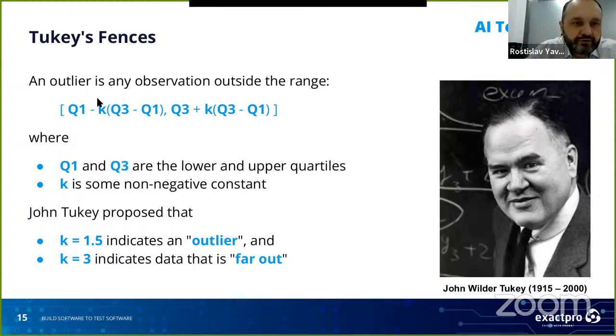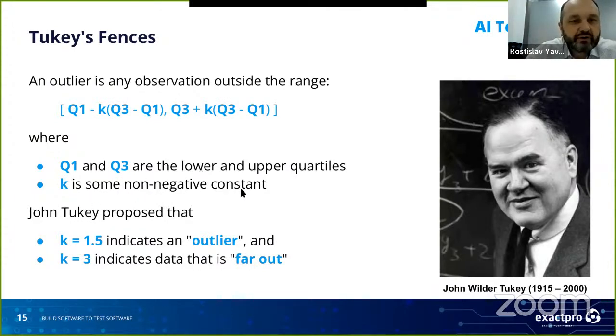You use the formula: just take Q1, the first quartile, and then you subtract some number K of interquartile ranges, where usually K is taken to be 1.5. And again, this is a magic number, but it comes from the experience of many people. And similarly, Q3. So Q1 and Q3 here are exactly the lower and upper quartiles, which I just described.